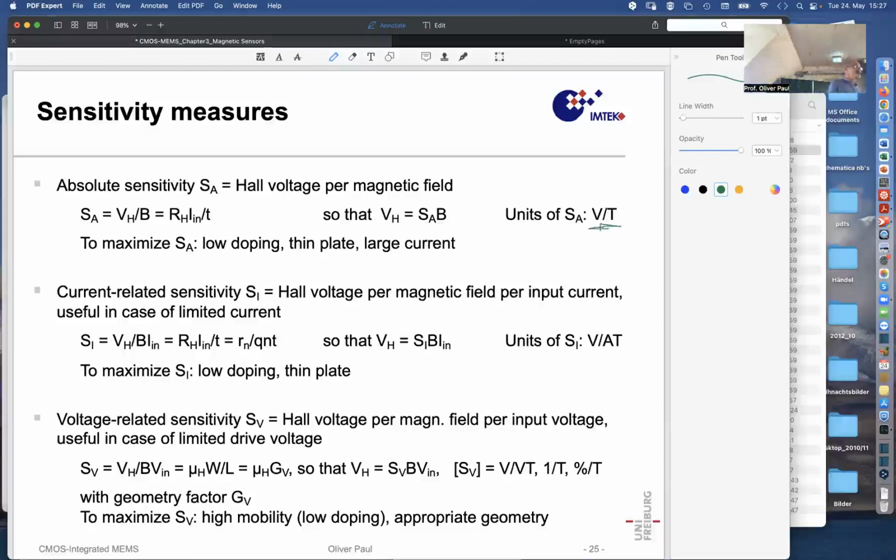So it's easy to make a large SA value. If your sensor is crappy and you would like to post a big number in your publication, you just say my sensor's absolute sensitivity is so and so many volts per Tesla, but you're driving it with a really large current. RH times large current makes a large SA.